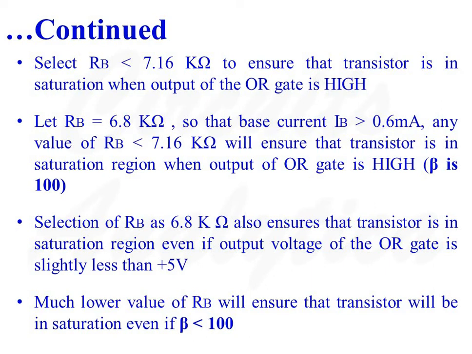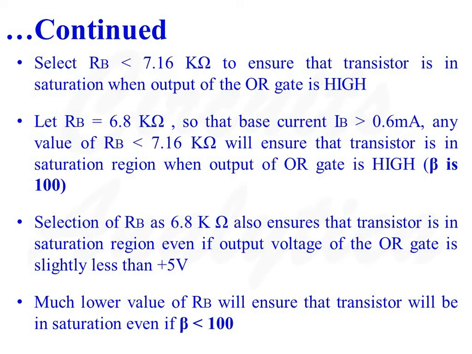Any value of RB less than 7.16 kilo ohms will ensure that transistor is in saturation region when output of OR gate is high, as beta is 100. Selection of RB as 6.8 kilo ohms also ensures that transistor is in saturation region even if output voltage of the OR gate is slightly less than plus 5 volt.